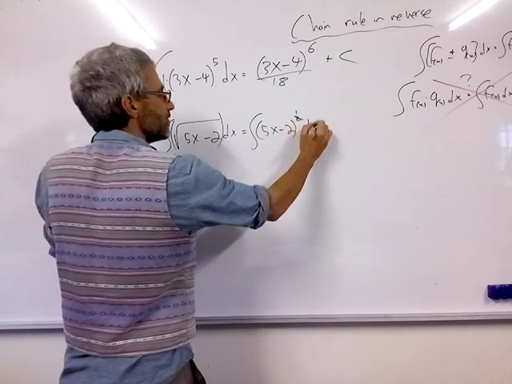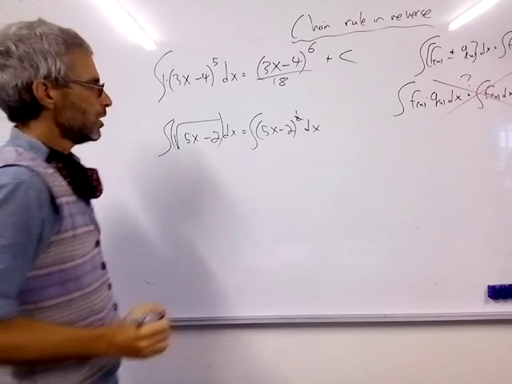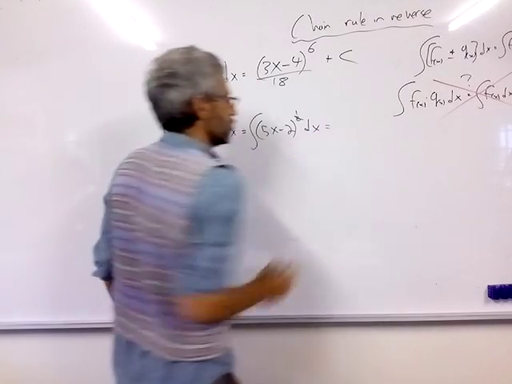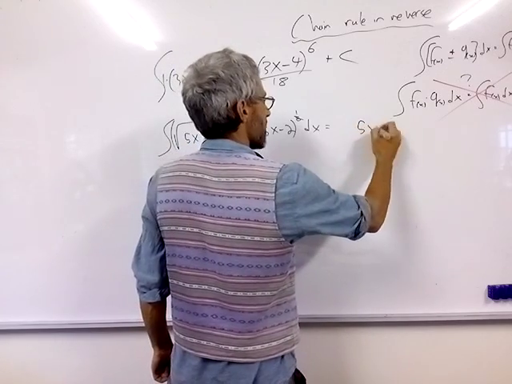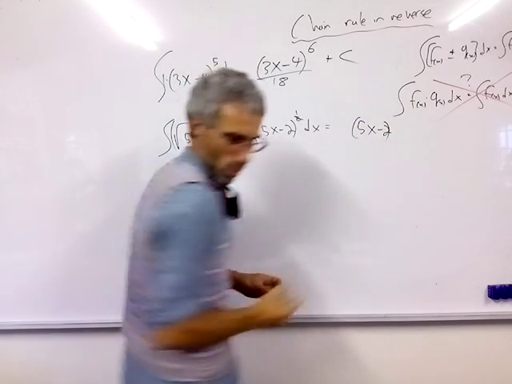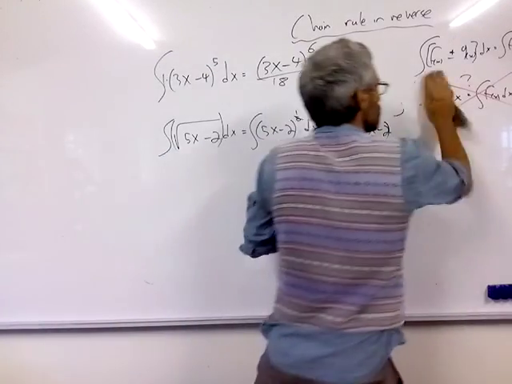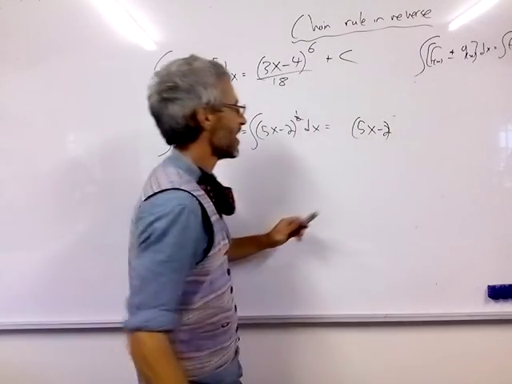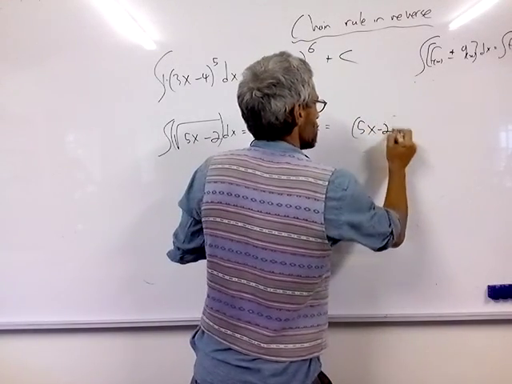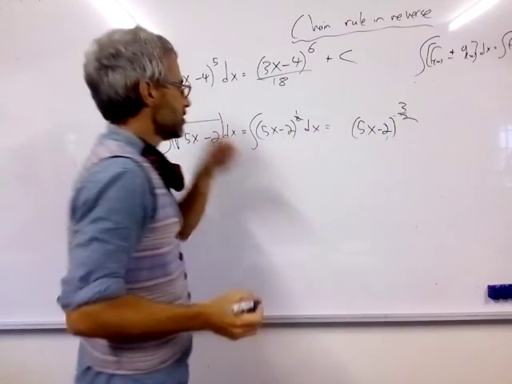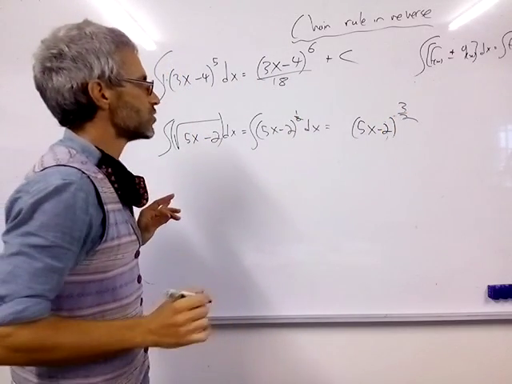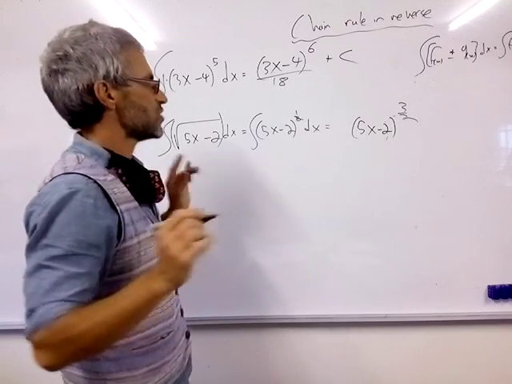So that's power half dx. So the suggested solution is going to be 5x minus 2 to the power of what? Let's get rid of that wrong rule, it doesn't exist anymore. The power should be 1 above that, so it should be 3 over 2. Yes, 3 over 2. That is the suggested solution.